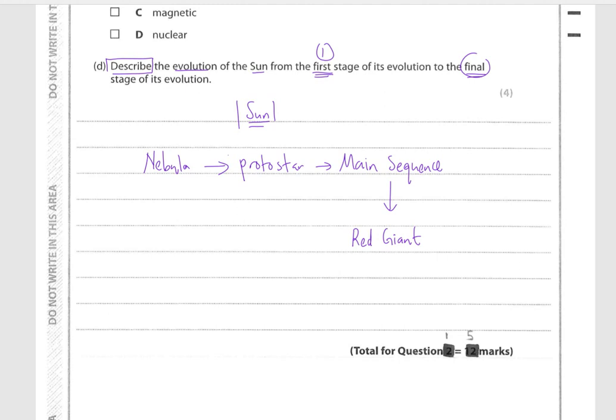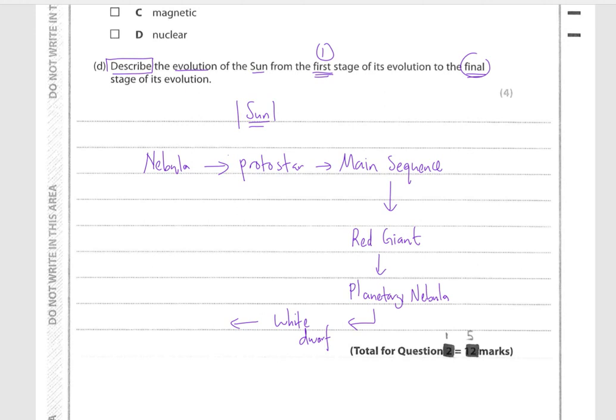And after the red giant, the Sun will turn into a planetary nebula, and then it will end its journey as a white dwarf.